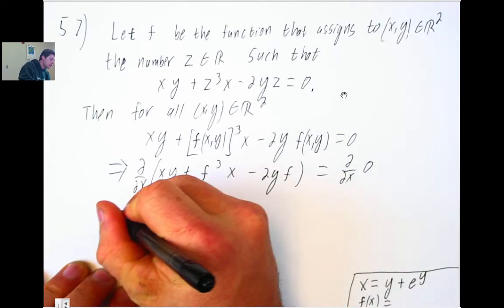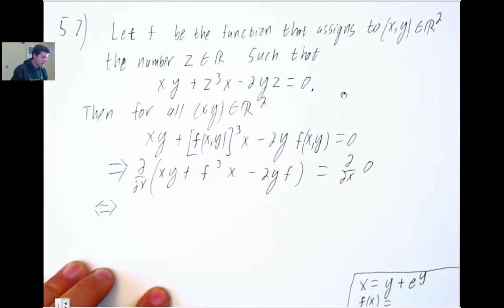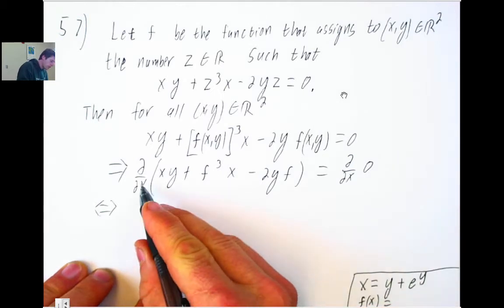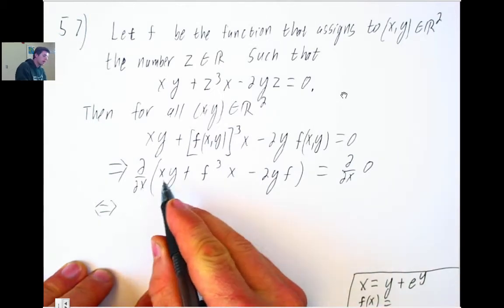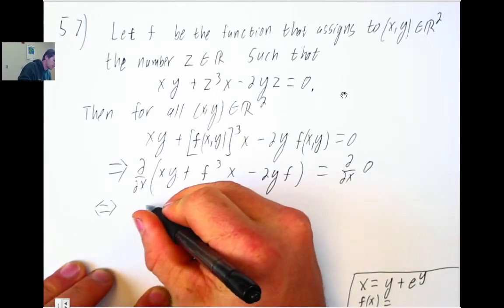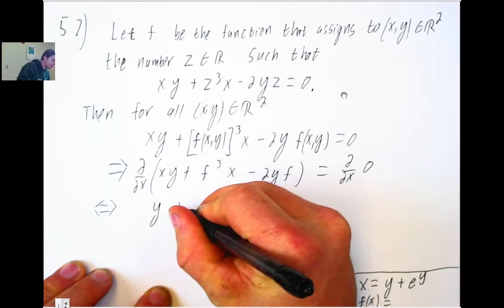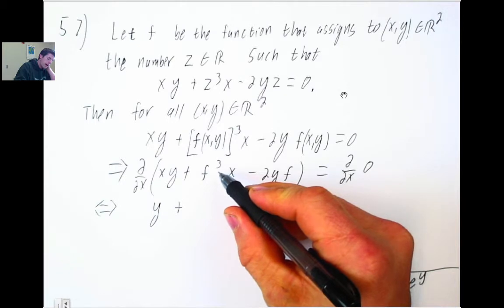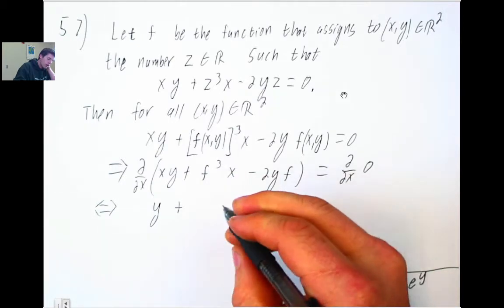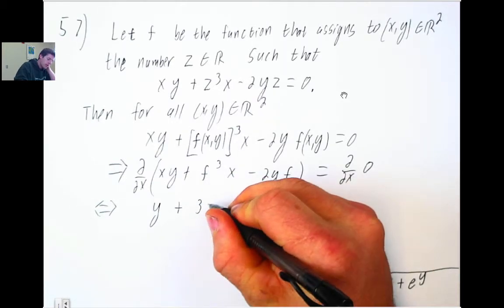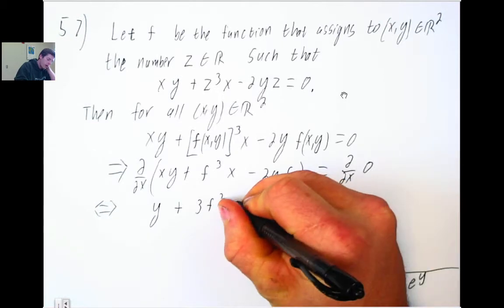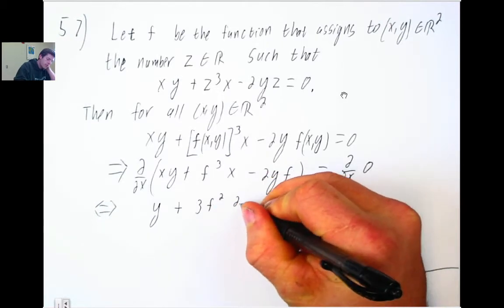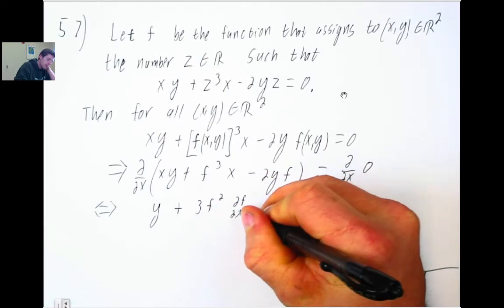And that equation is equivalent to, okay, the partial derivative with respect to x of x times y is simply y, plus, now, the partial derivative of a function to the third power. Well, chain rule, right? 3 times that function squared times df dx.